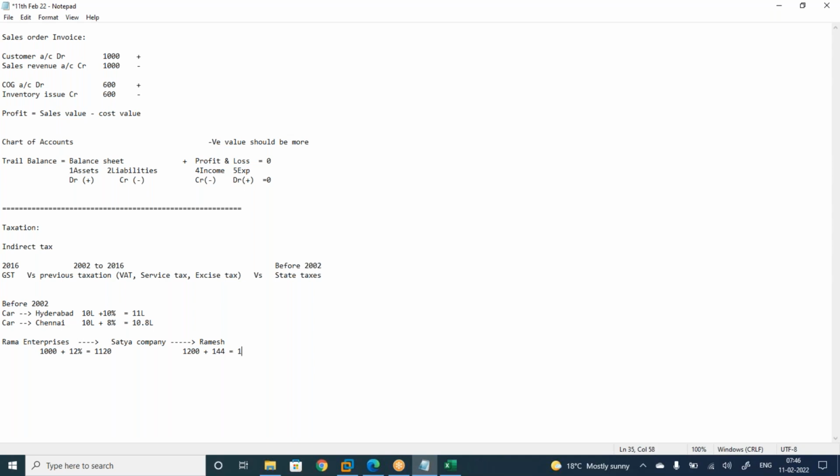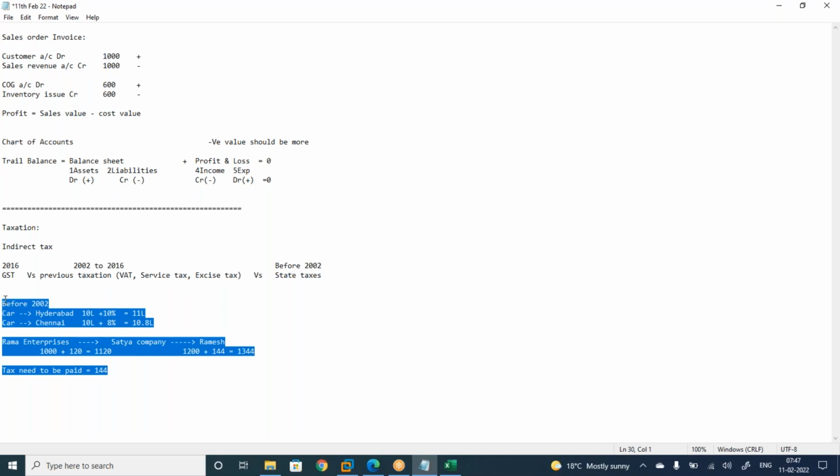So 1344 is the amount. During this position, before 2002, I needed to pay tax equal to 144. This is before 2002.